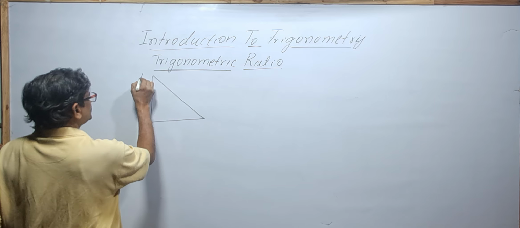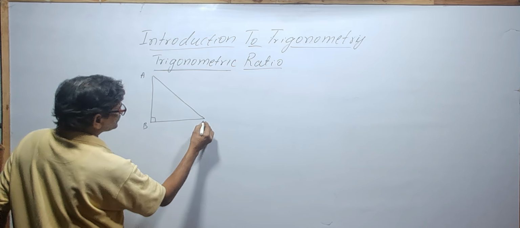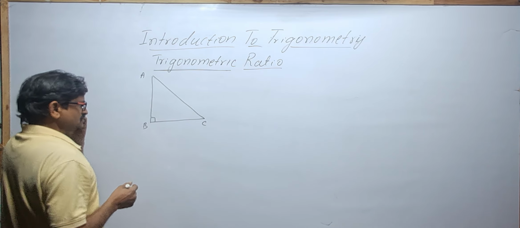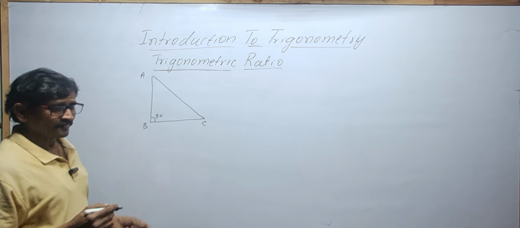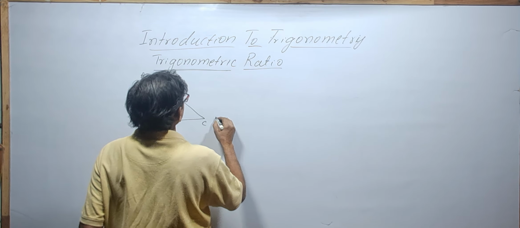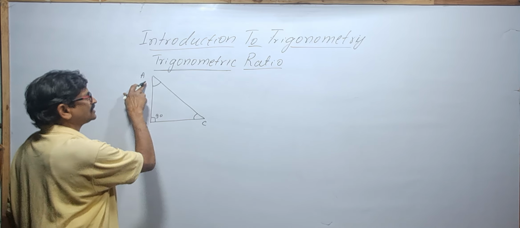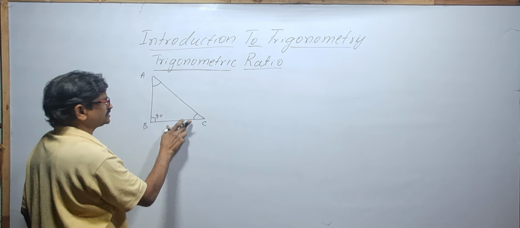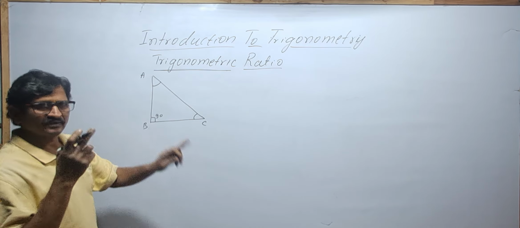Right angle triangle means one of the angles is 90 degrees. I am drawing the other two angles as optional; you can choose either this angle or this angle, any one of these two.